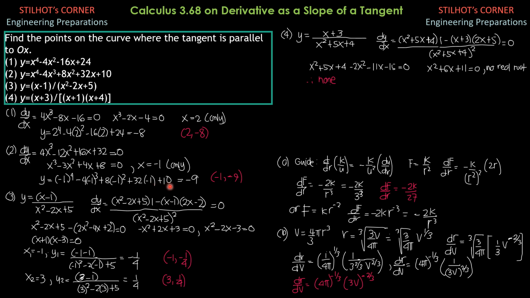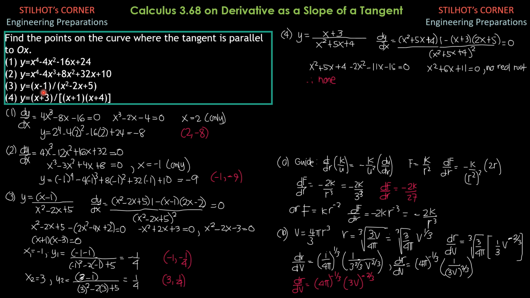So that would be negative 9. So therefore, the point on the curve y equals x to the fourth minus 4x cubed plus 8x squared plus 32x plus 10, where the tangent is parallel to the x-axis, is negative 1 comma negative 9. We proceed to number 3.